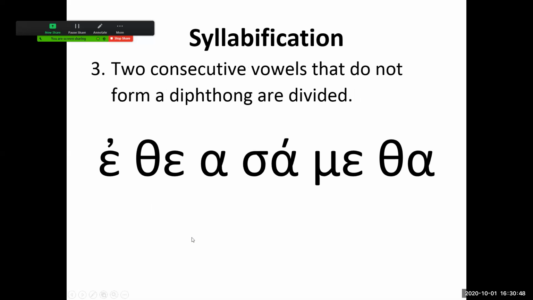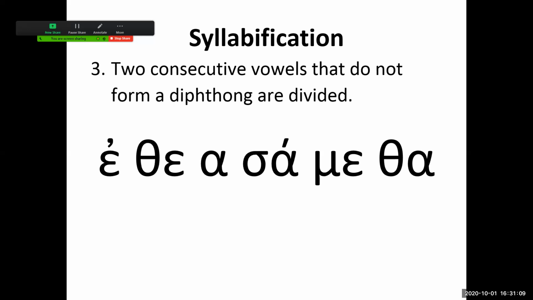Two consecutive vowels that do not form a diphthong are divided. So you have to pronounce here the epsilon and the alpha separately, since epsilon and alpha together are not a diphthong.